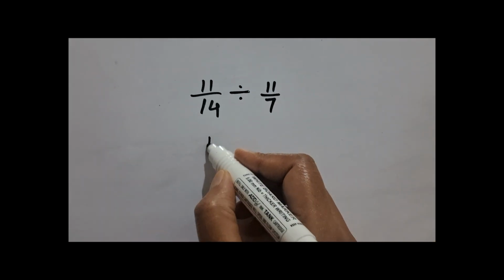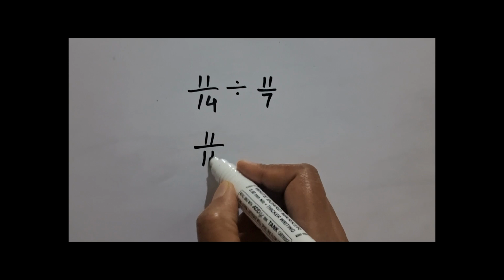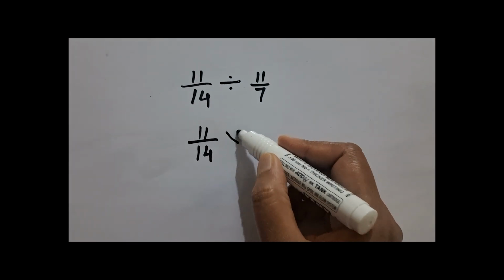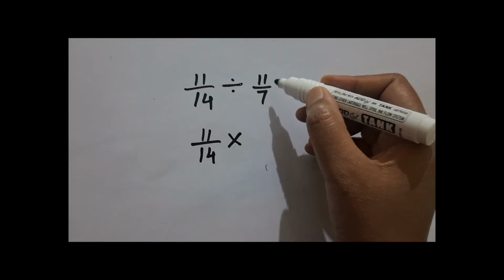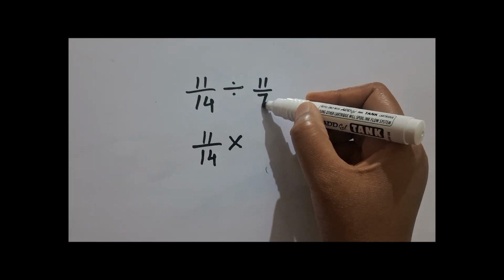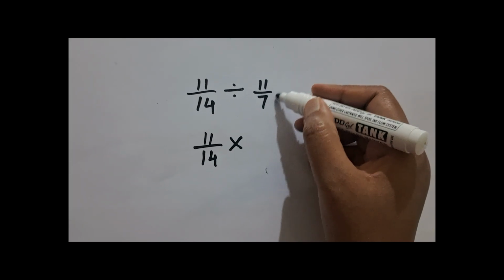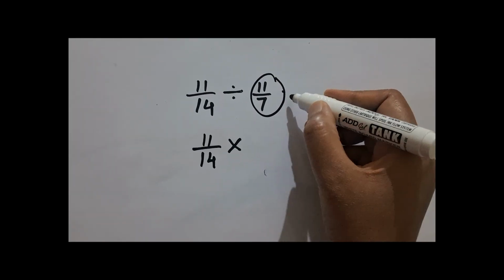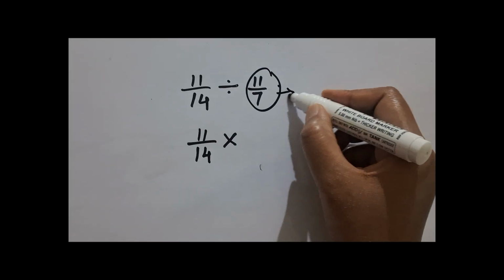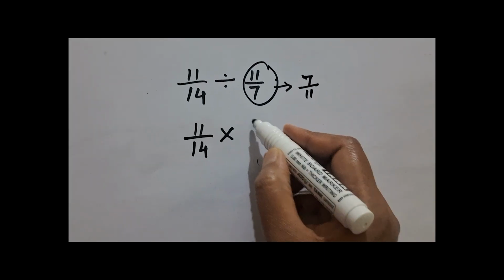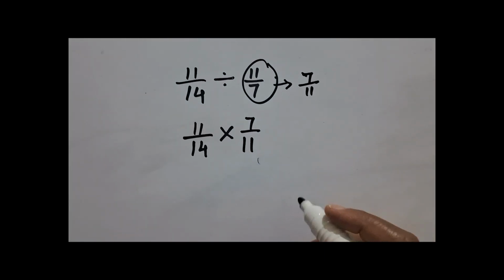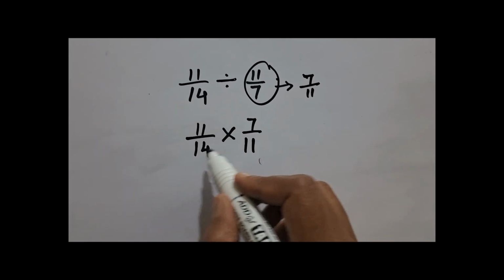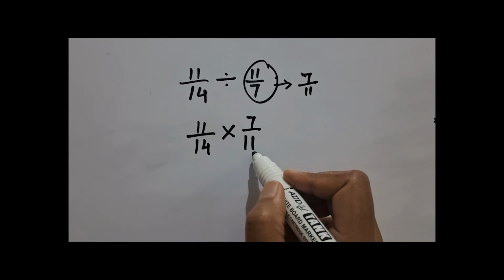The first one we write as it is, 11 by 14, and this division sign we convert to a multiplication sign, and for this divisor 11 by 7, we will write the divisor's multiplicative inverse, that is 7 by 11. Okay, children. Now here we can see that this is a multiplication of two fractions.